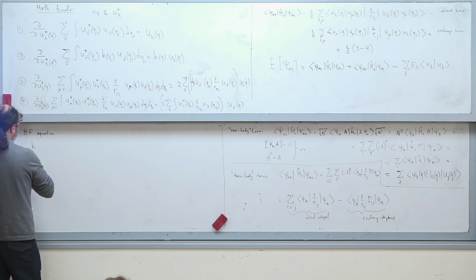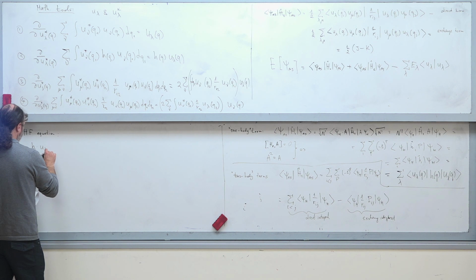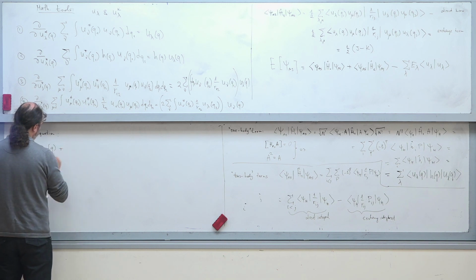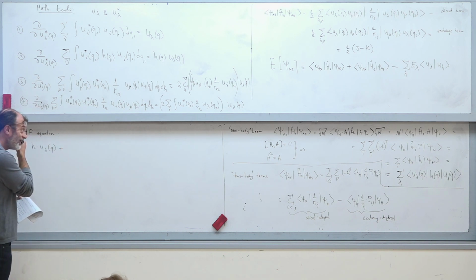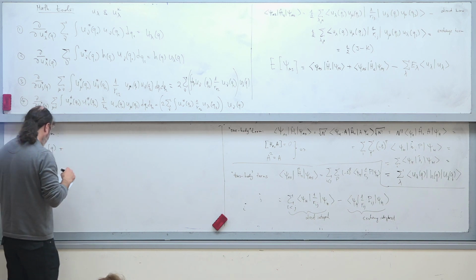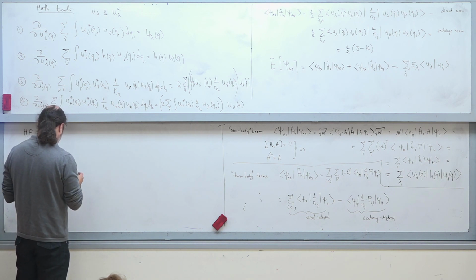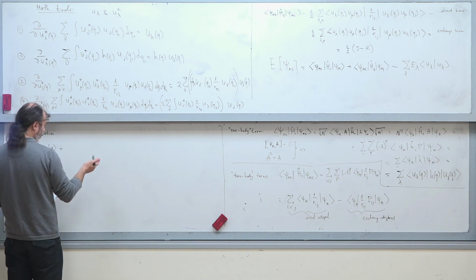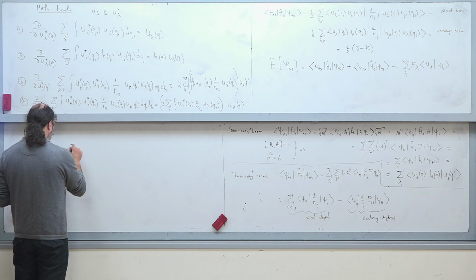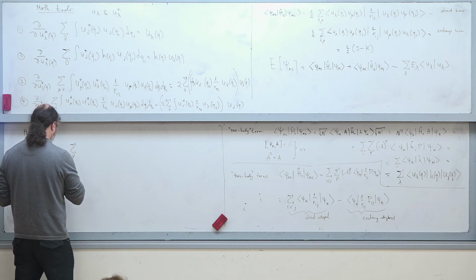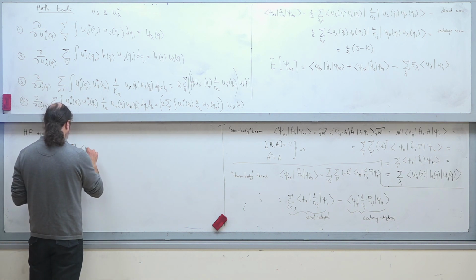So the H, the small single-body Hamiltonian, acts on orbital u lambda of q. That's the single part. Then we have the two-body part, which should sum over all orbitals mu of q.